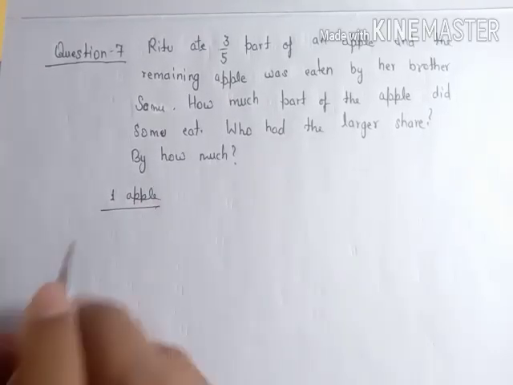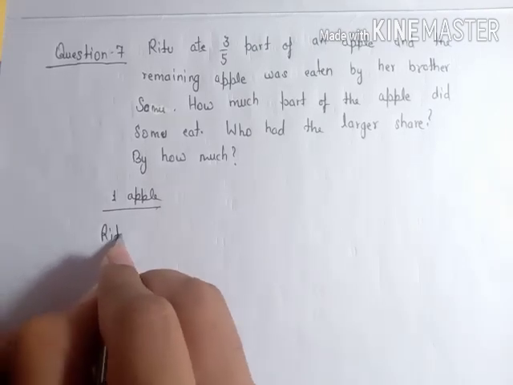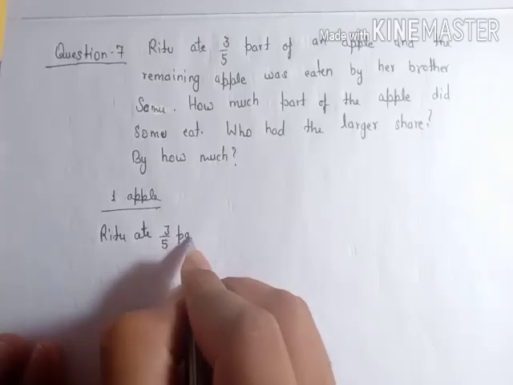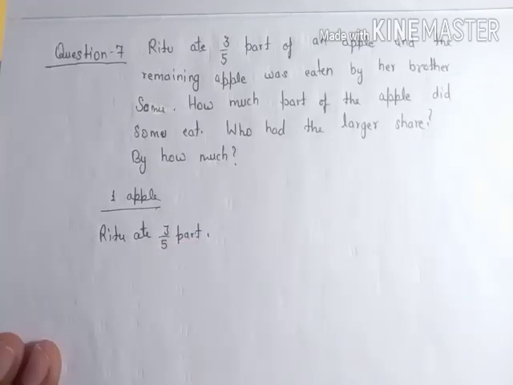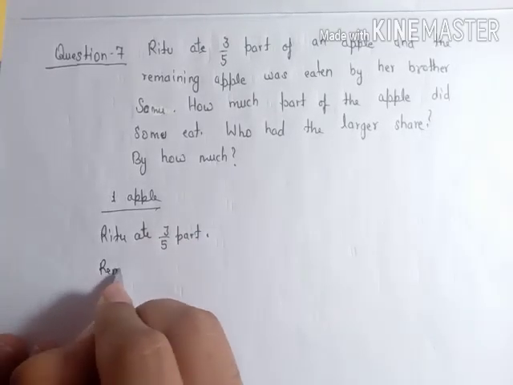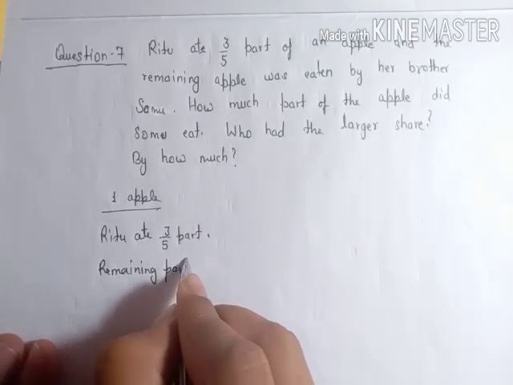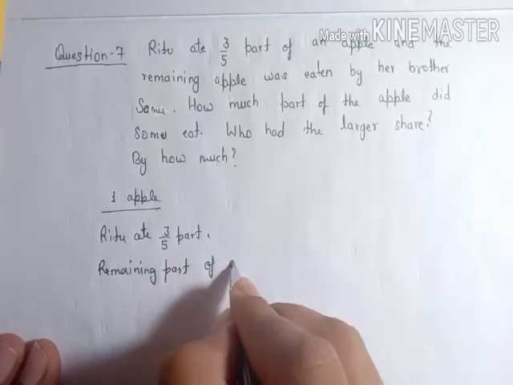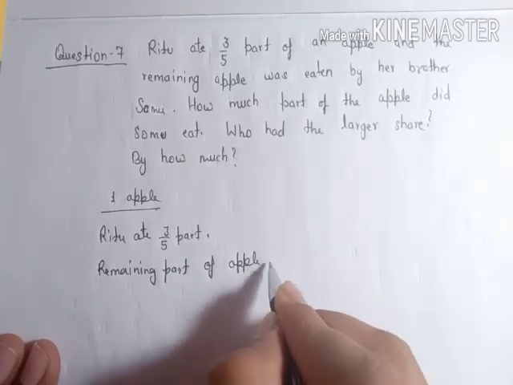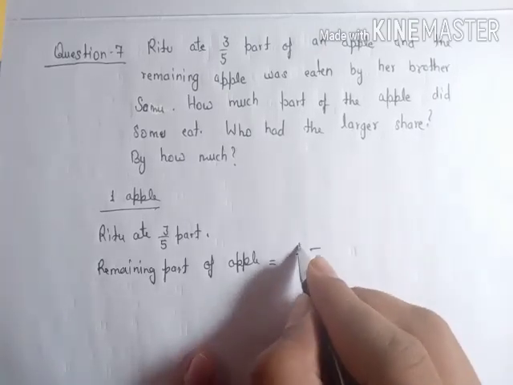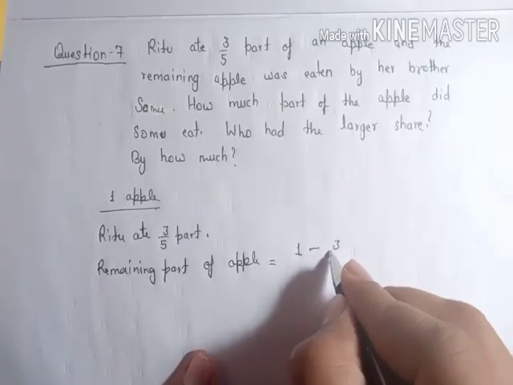and it is said that Ritu ate 3 upon 5 part of that apple. So the remaining part of the apple is 1 minus 3 upon 5.